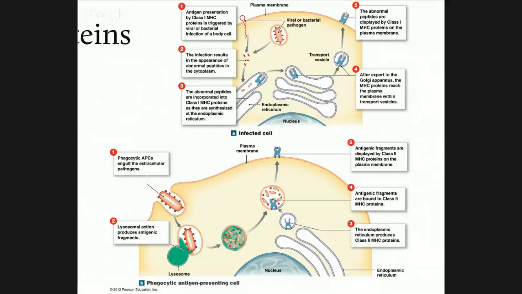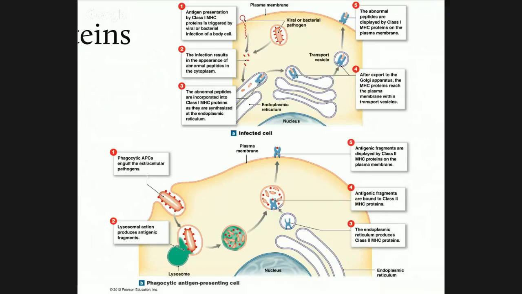Part of what those secretory mechanisms do is take bits and pieces of antigens and attach them to MHC class 1 to present on the surface of the cell. In a normal, healthy, functioning cell, that's just going to be presenting little pieces of self-antigens, which should be ignored by your immune system.